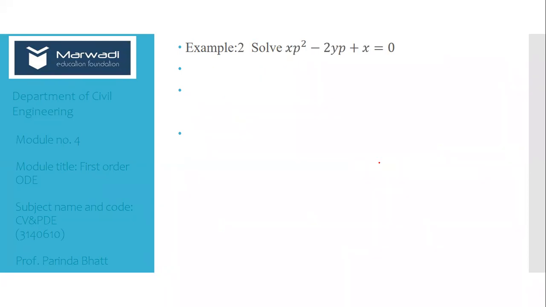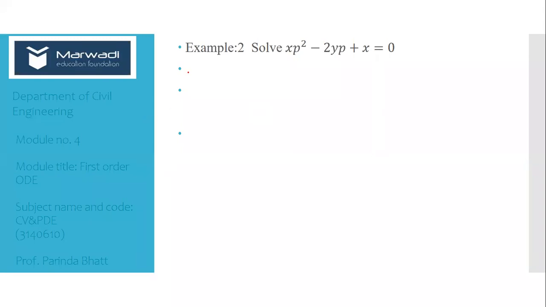Now the second: xp square minus 2yp plus x.